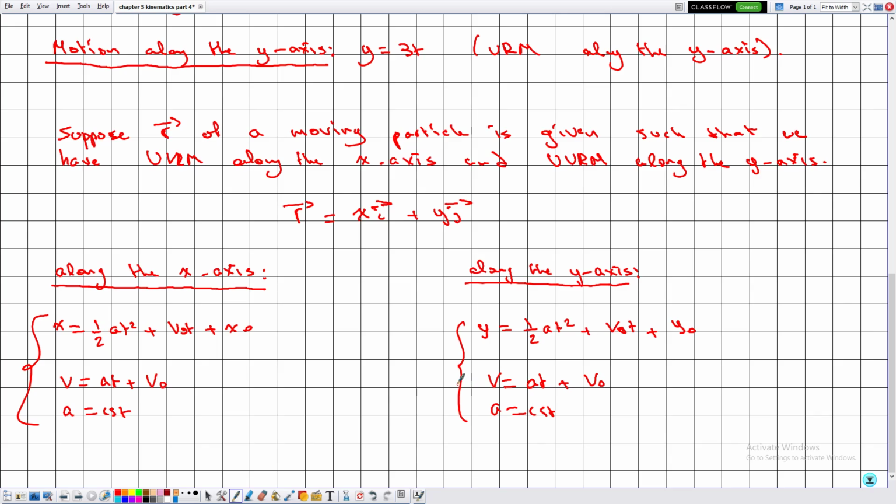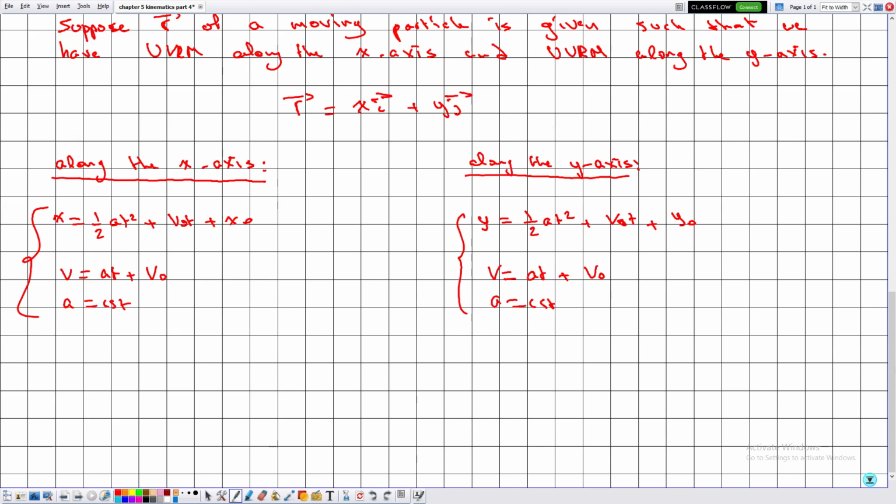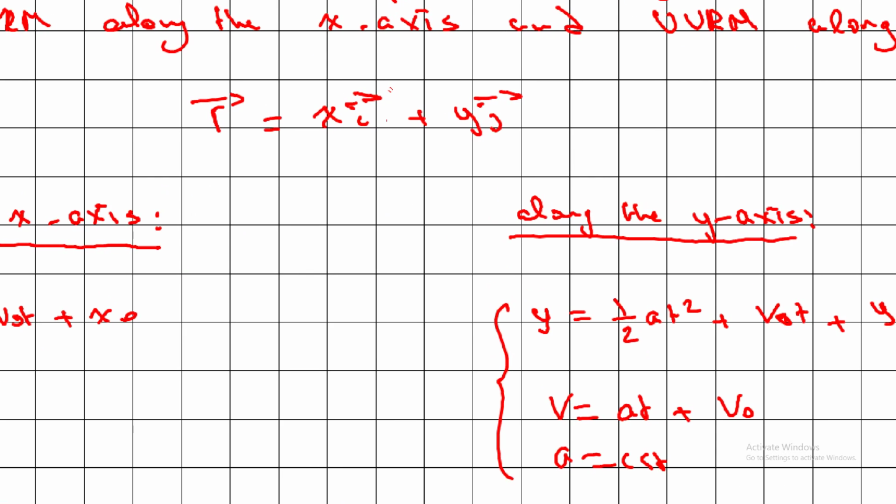But now the point that I'm going to explain is very crucial. Notice that when comparing these equations together, the acceleration and the speed or velocity appear both in x and in y. But nobody told us that x and y are equal.